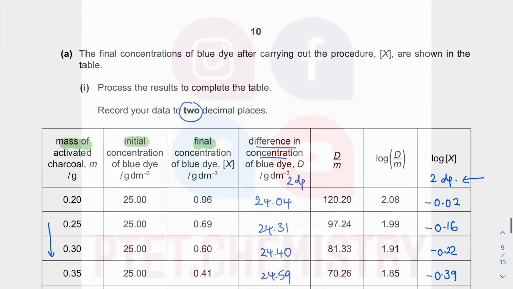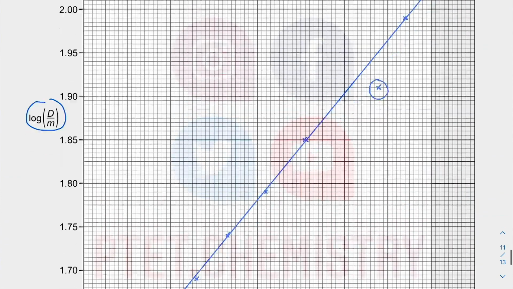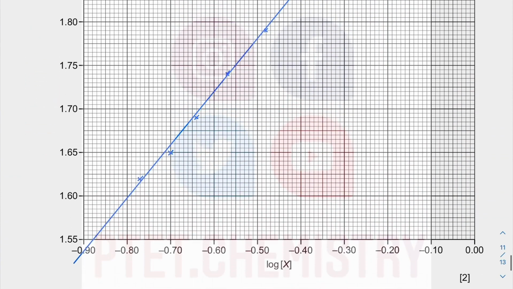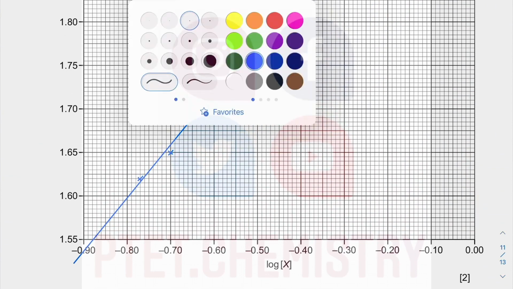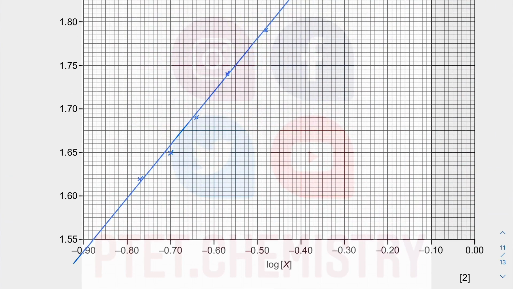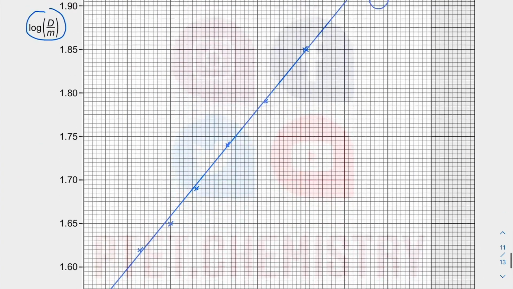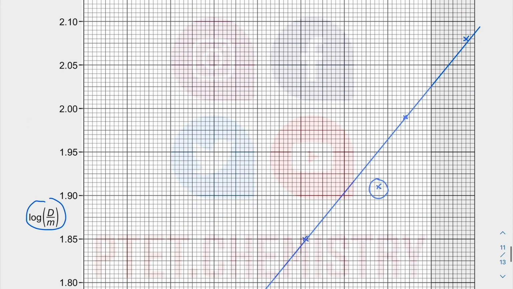So if we look at our graph, the line does not cut through every single point. So we need to choose our 2 coordinates very, very carefully. If I were you, I would go for this coordinate, which is minus 0.88 and 1.55. Nice and easy. And then I can go for this, which is nice and easy as well.